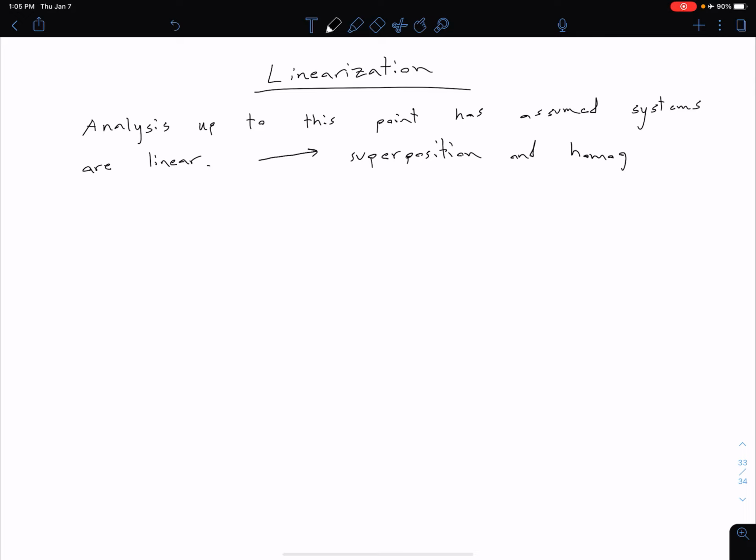If you think back to the very first video in this section, we talked about these systems being described by linear time invariant differential equations, and we said that that's going to be the case most times.